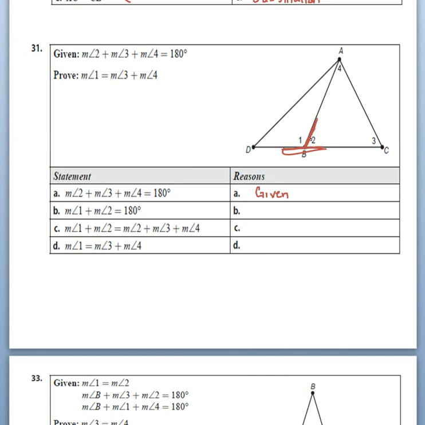They share side AB. And if you look at the bottom sides, they make a straight line, and so they are called a linear pair postulate. And so that's the reason you write there: we know that a linear pair postulate adds up to 180 degrees.